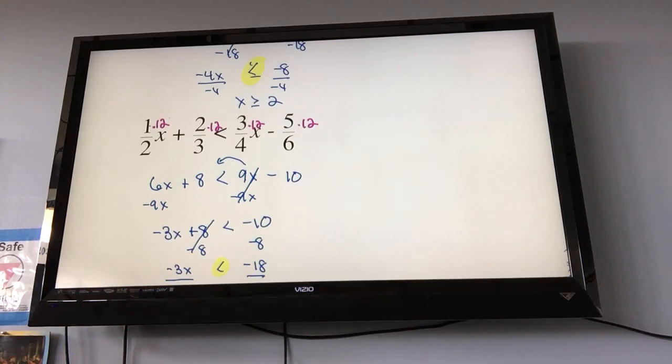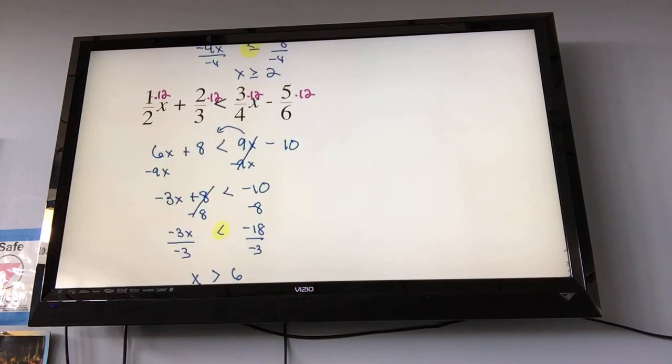So it's the same thing. So instead of canceling the denominators and dividing, you can just multiply and divide right from the start. You get the same first line, 6x plus 8 is less than 9x minus 10, okay? So either one of those ways will work to get rid of the fractions, which is what you want to do.